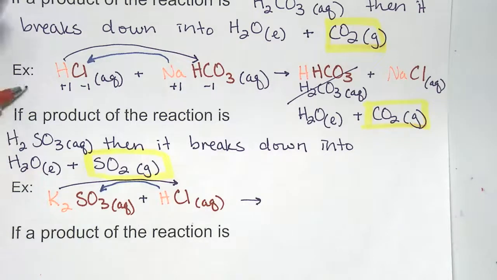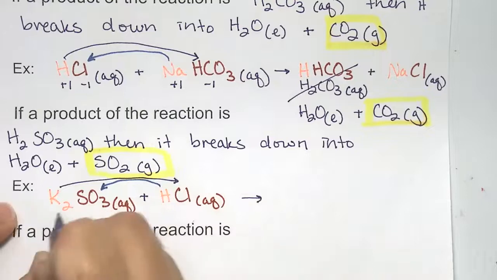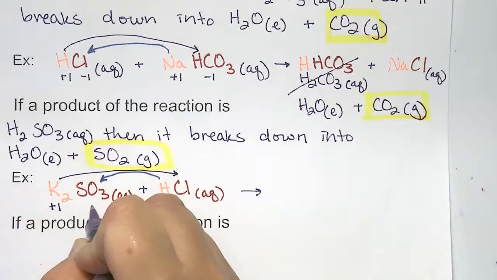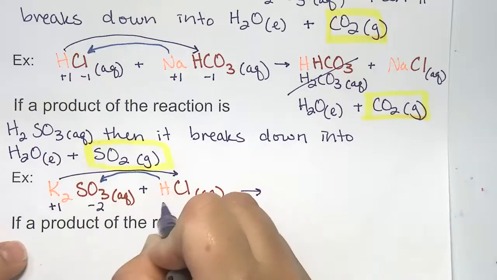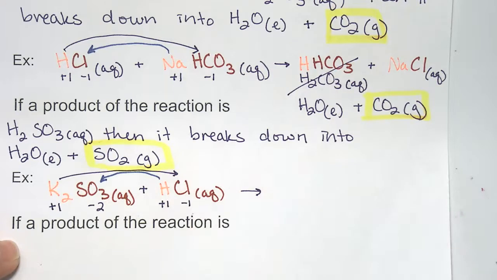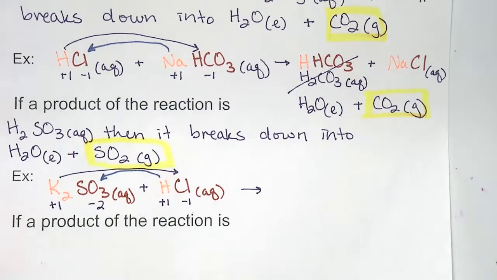You know what, before we do that, we got to list the charges. So just list me the charges first. K is? Okay, sulfite is? Excellent. H is? Okay, now Paul, I feel like I haven't given you any good jobs yet. So write me the products of this reaction. What are we making?